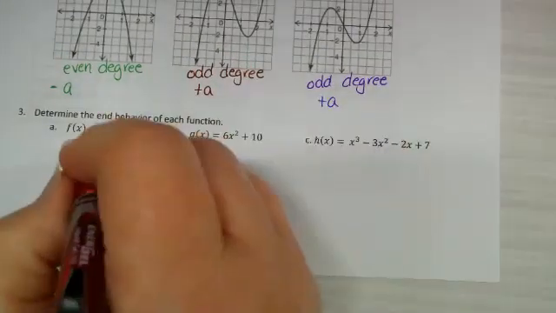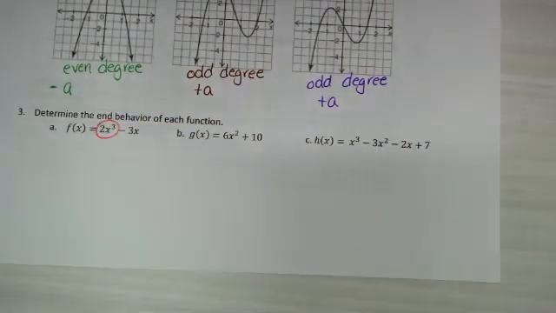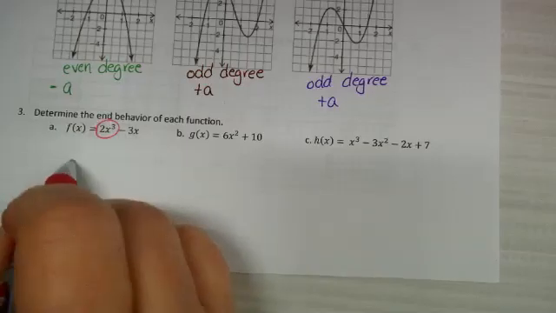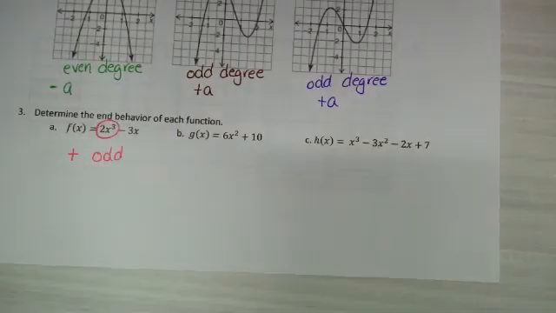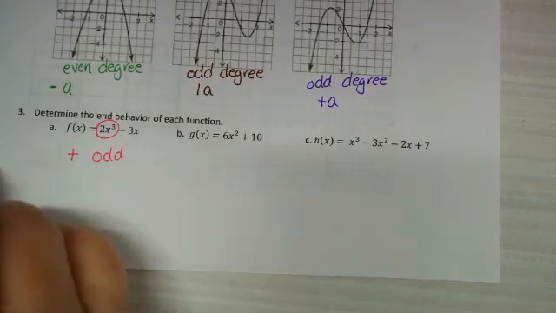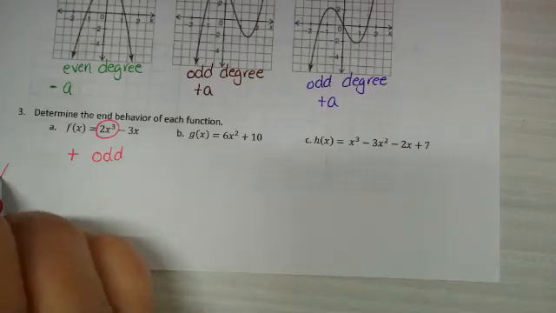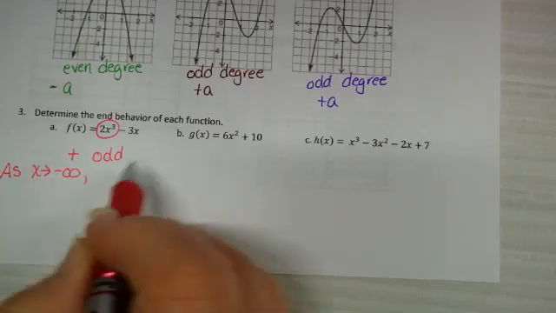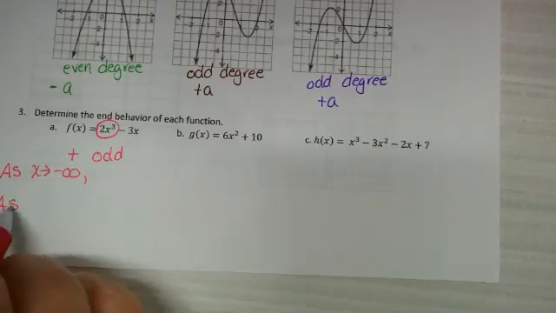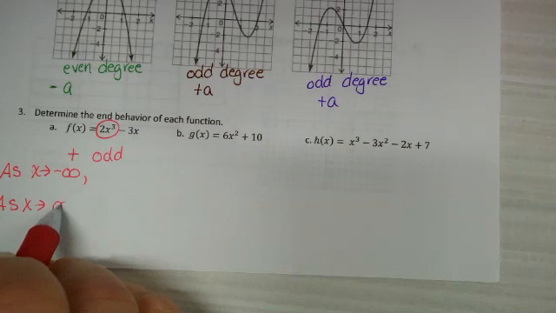So on letter A, 2x to the third is my largest exponent. It's a positive odd. So to determine the end behavior, I'm just going to write one sentence over here and we'll just repeat it. As x approaches negative infinity and as x approaches positive infinity.